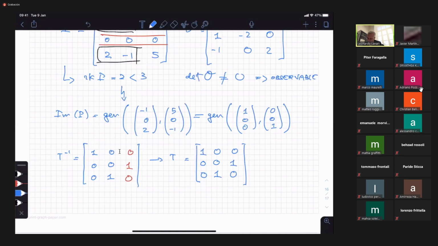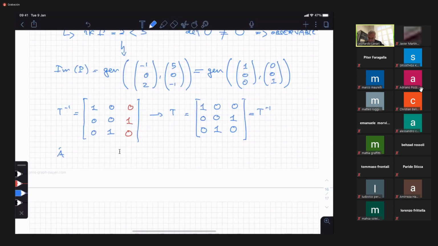And so we have that T equals T inverse in this very special case. So now it's just a question of computing T minus 1. We know what we are expecting. So we have 1, 0, 0, 0, 0, 1, 0, 1, 0, a matrix.